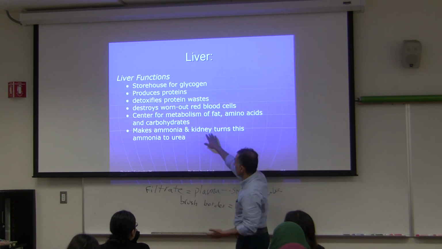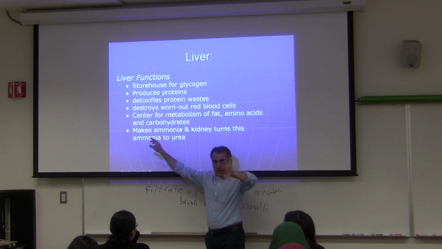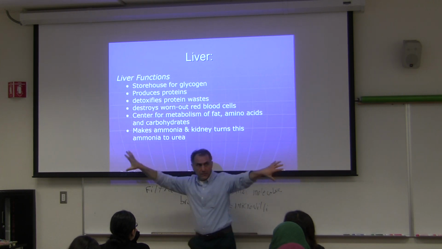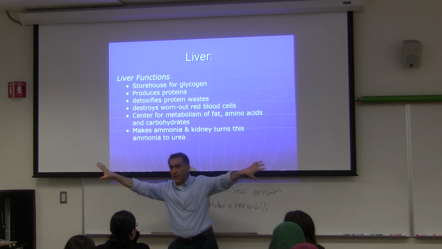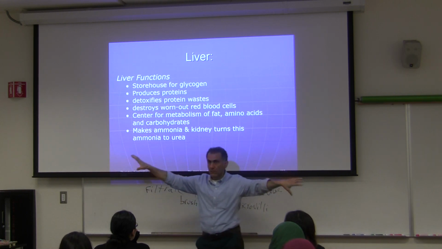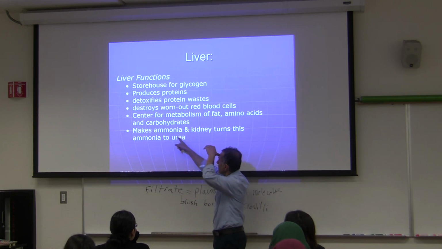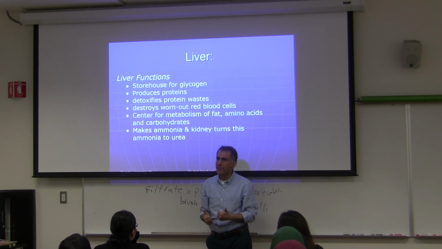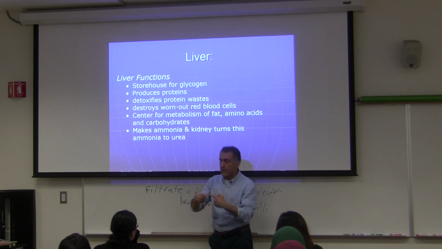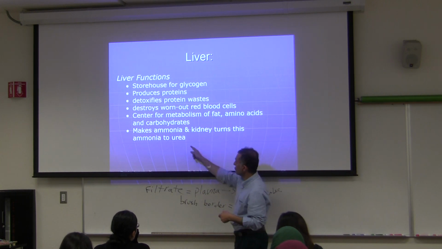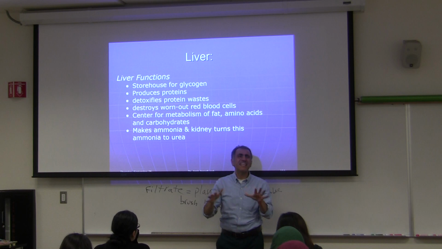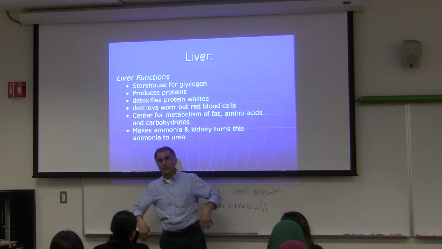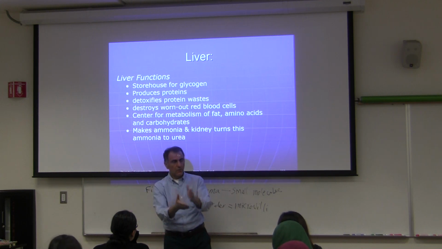The liver breaks them down, and amino acids have the amino group, the central carbon, and the carboxyl group, from Bio 1. Again, I'm refreshing your memory from Bio 1. That ammonia is toxic for the body. You cannot have it in your body. So the liver converts it to urea, and urea is less toxic to your body. Then that urea is shipped to the kidney, and the kidney will get rid of it.